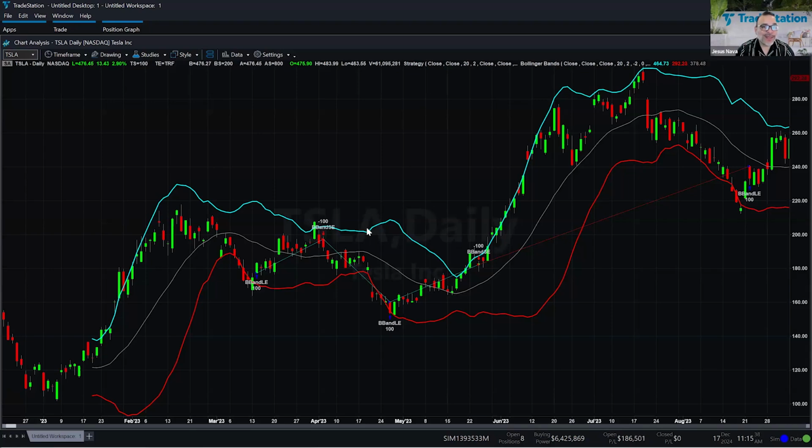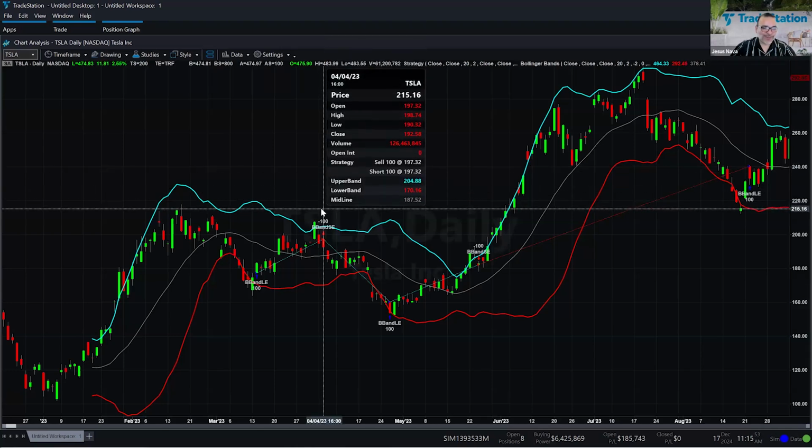The reason why it's doing that is because you have no exit strategies. You only have two entries that are opposing. One is long, one is short, and one will reverse the other. Now, another thing to keep in mind also on this particular dual trade candlestick, notice that it's sold at 197.32 and it's shorted at 197.32.